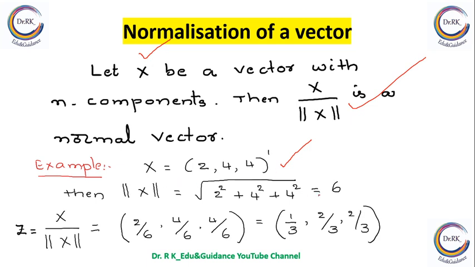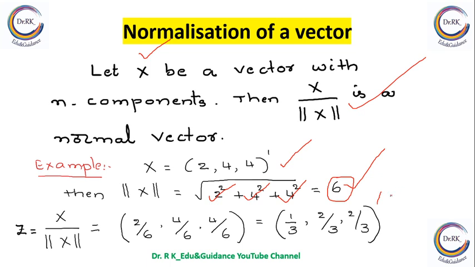Very simple. Immediately we have to find its norm. Norm is nothing but the length of the vector, that is the square root of x1 square plus x2 square plus x3 square, that is 6. Then x by norm x means 2 by 6, 4 by 6, 4 by 6, which is 1 by 3, 2 by 3, 2 by 3.